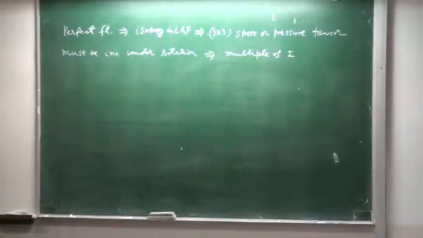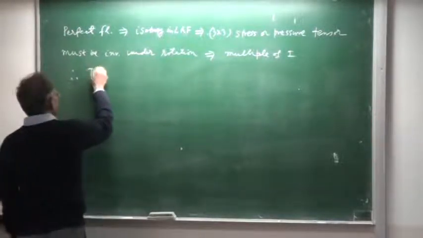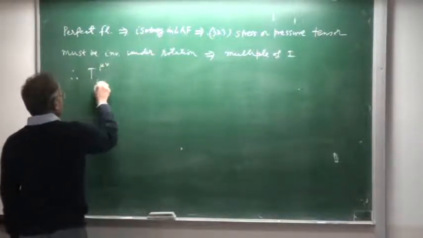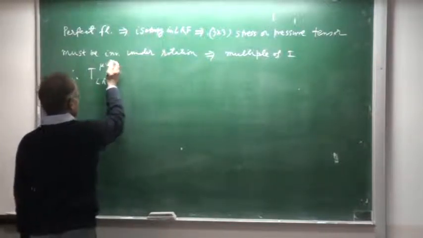Because of that, these three elements become P, P, and P. And what about the rest of these elements, the off-diagonal elements? They should vanish. So this is T^{μν} in the LRF for a perfect fluid.